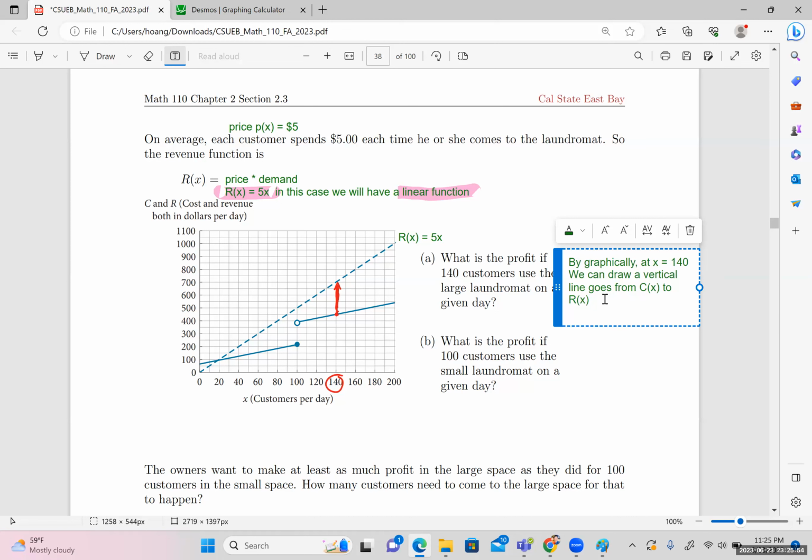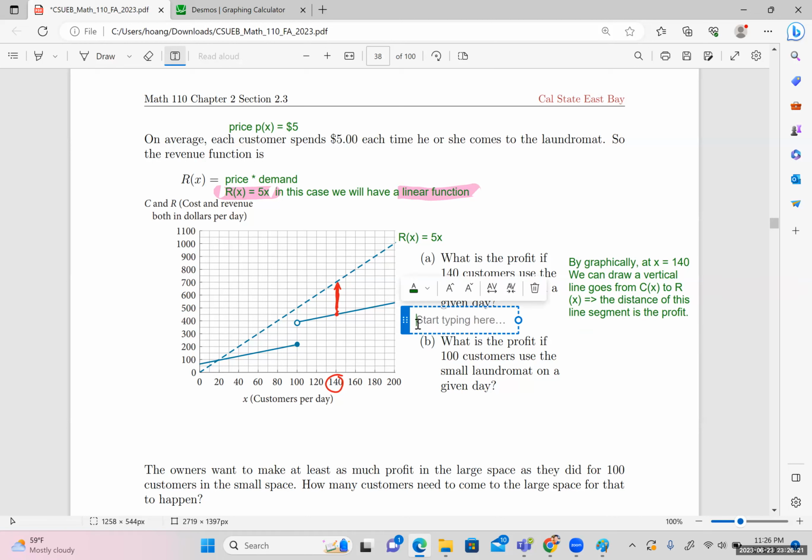The distance of this line segment is the profit. So how can we find the profit algebraically? We can say big P at 140. Keep in mind that profit is always equal to revenue minus cost.